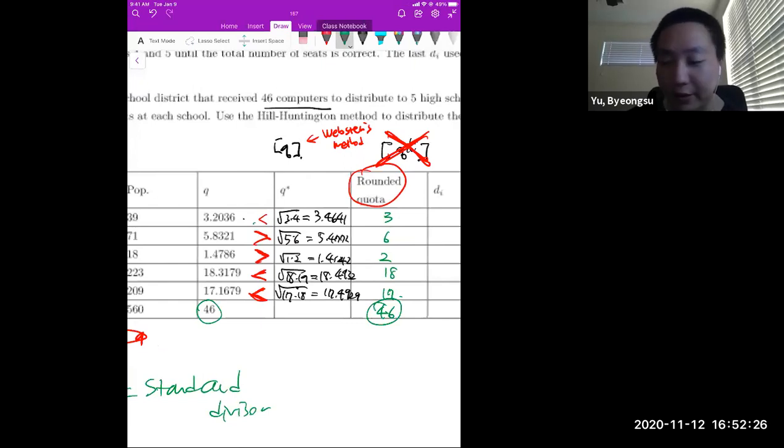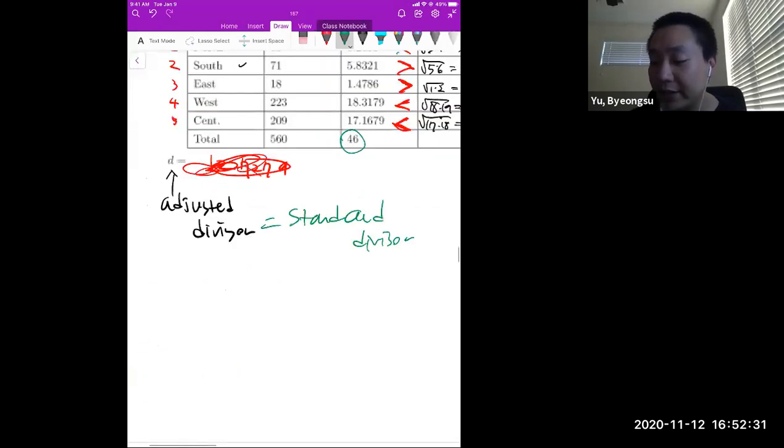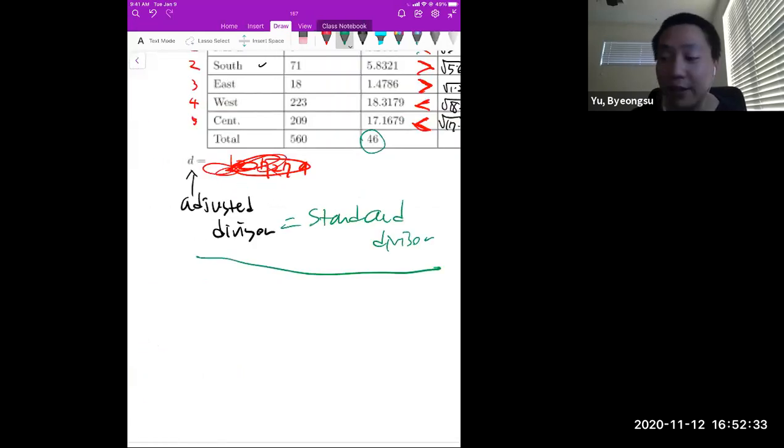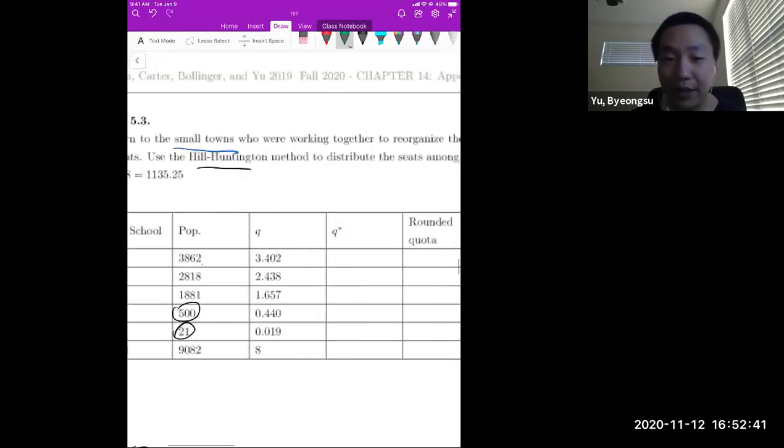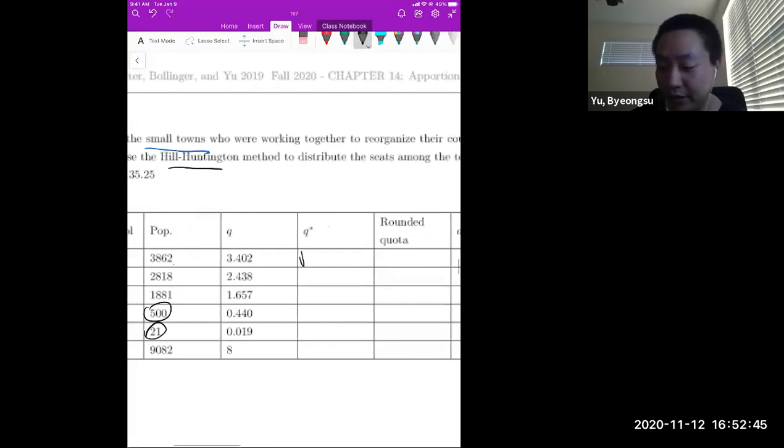Okay, then go to the next question. Here, the adjusted divisor is the same as the standard divisor because we do not change any divisor at all. In the next example, you can calculate Q star just as you did in the lecture.